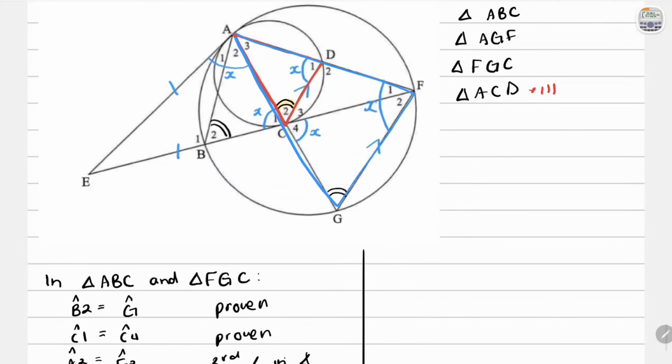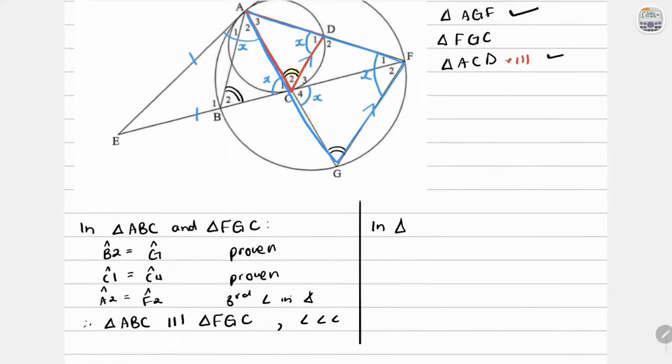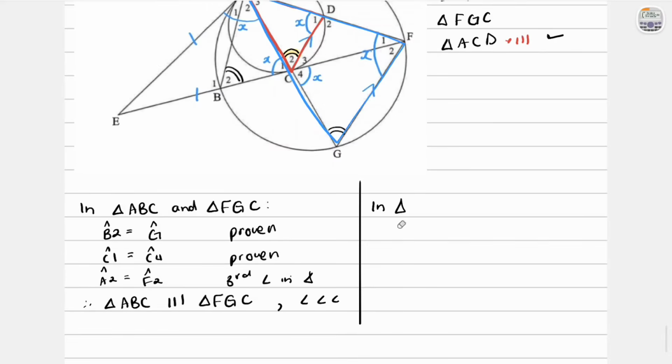So in those two triangles, that is the triangle AGF, and this triangle ACD. With this, I'm actually starting to see that this is an unnecessary step that we're taking here. We don't have to prove to them that this is similar to that. By the proof of the proportionality theorem, those two are already similar, so we can just conclude that they are similar.